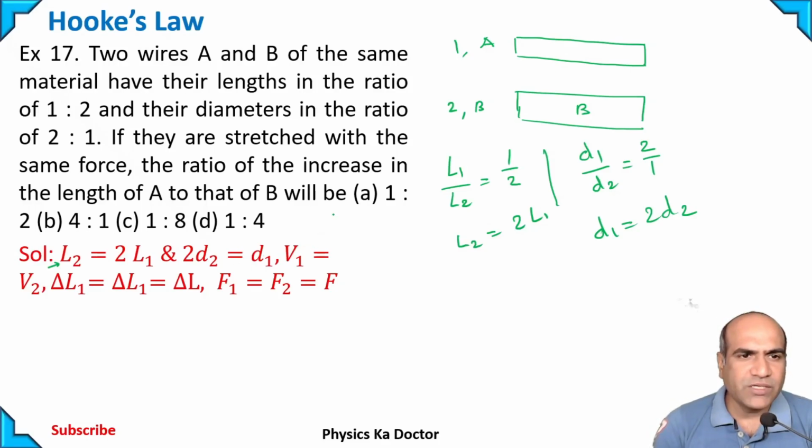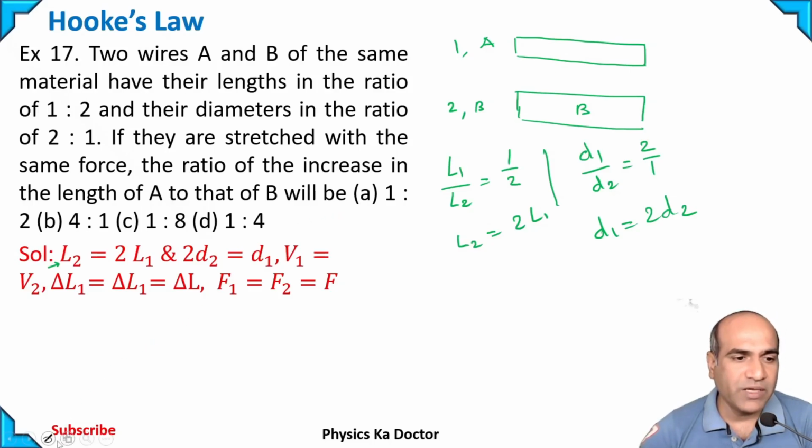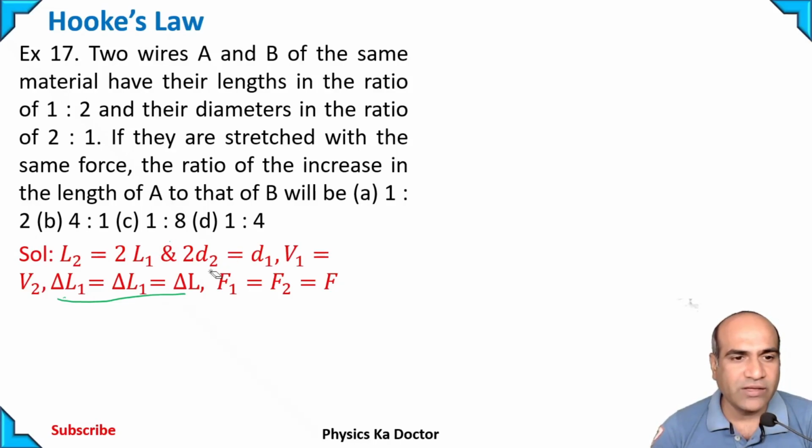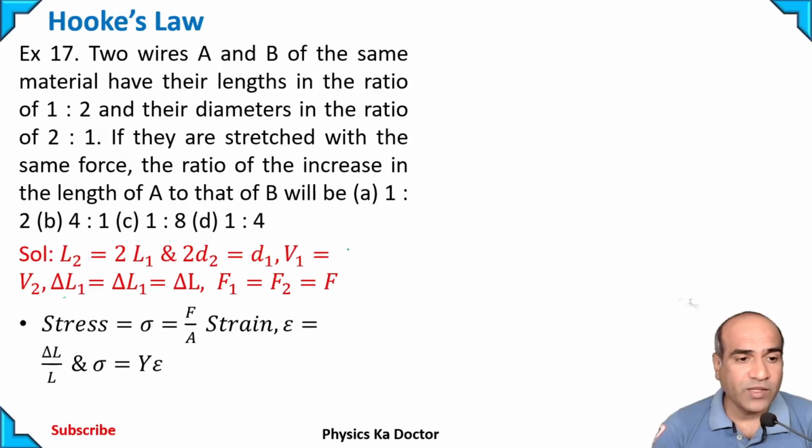Two wires are of the same material, so Young's modulus is also the same. If they are stretched with the same force, the ratio of increase in the length is to be found, and F1 is equal to F2 is given.